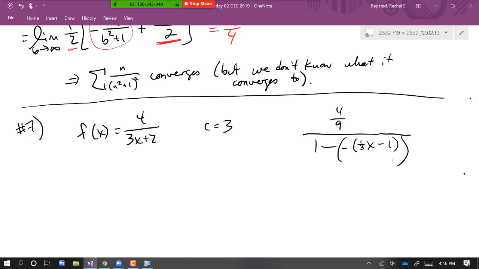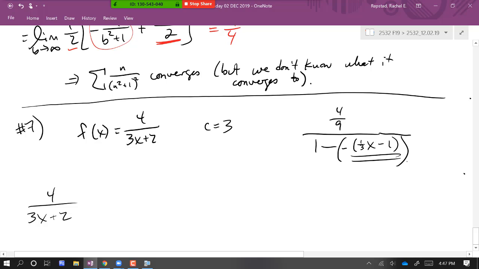How do you know that that was centered at 3? Because initially I replaced x with x minus 3, and that's where I got it from. Right. I'm just saying it's kind of hard to tell in that form.